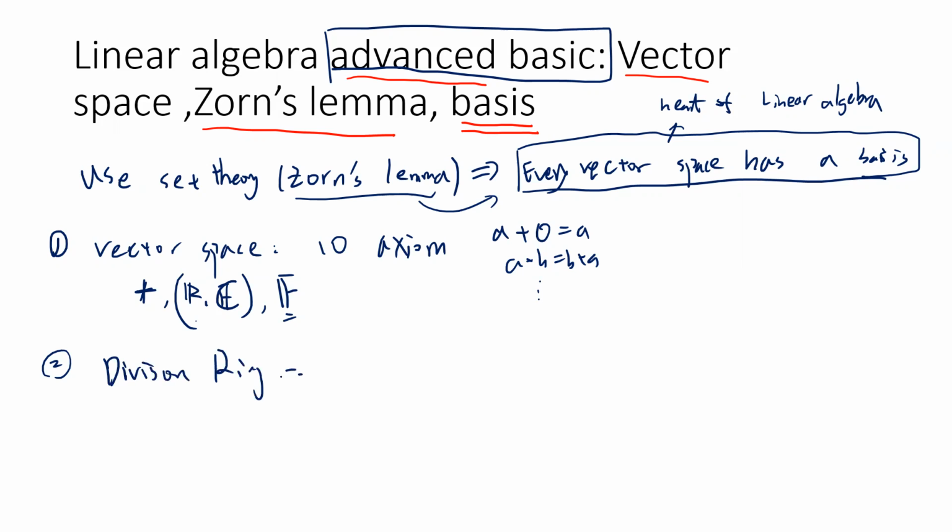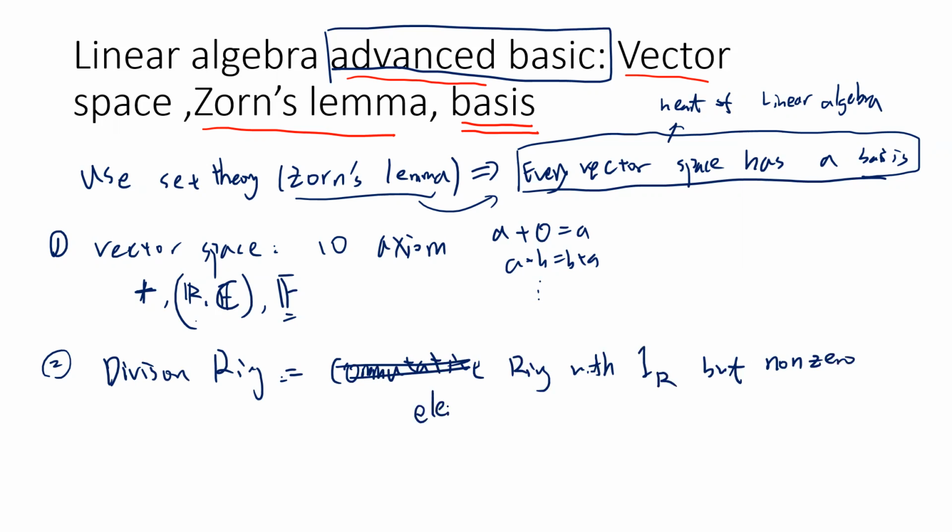The division ring is defined to be a ring with identity, not necessarily commutative, where every non-zero element has an inverse. For example, the quaternions are a division ring.